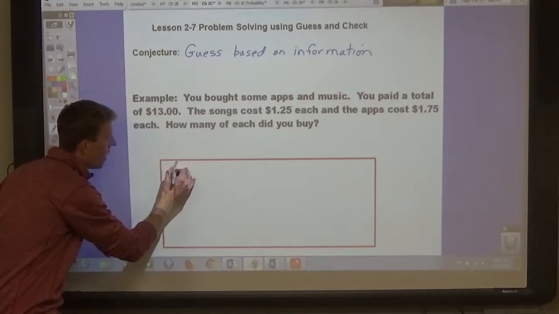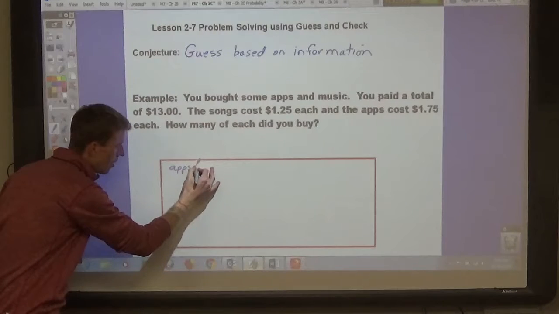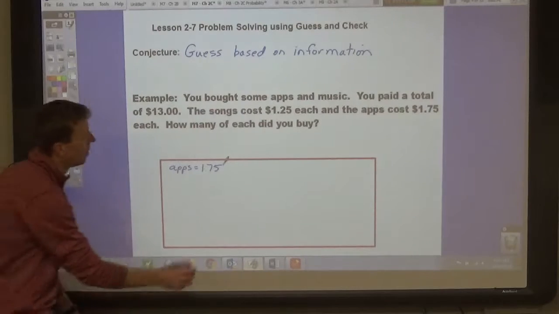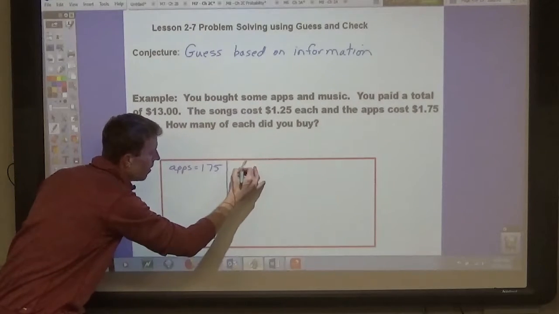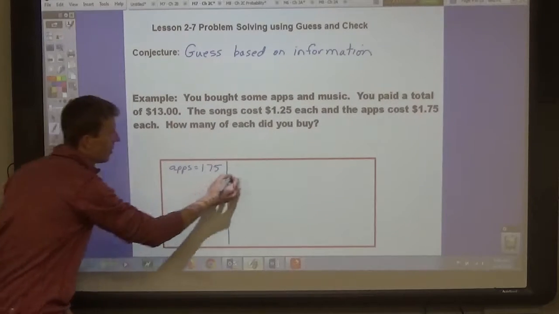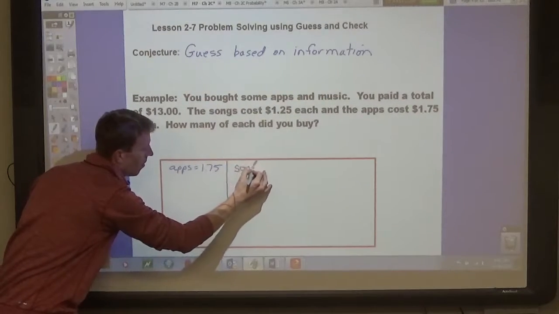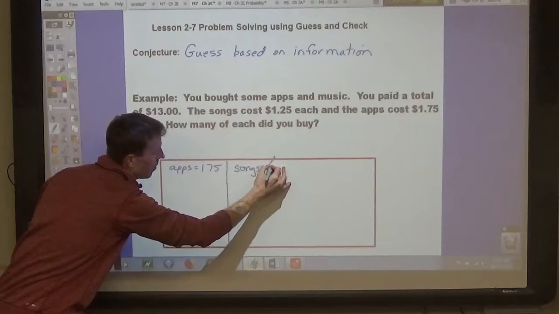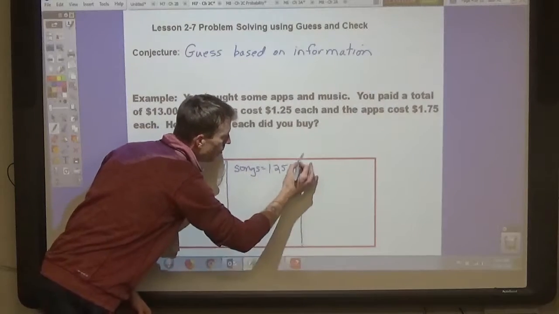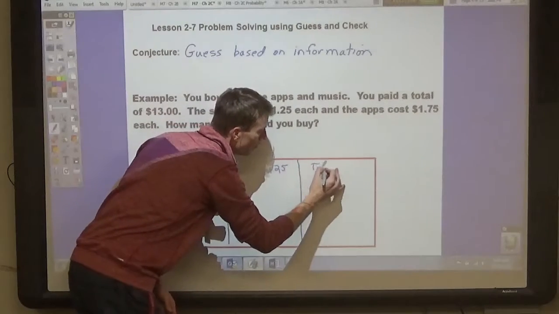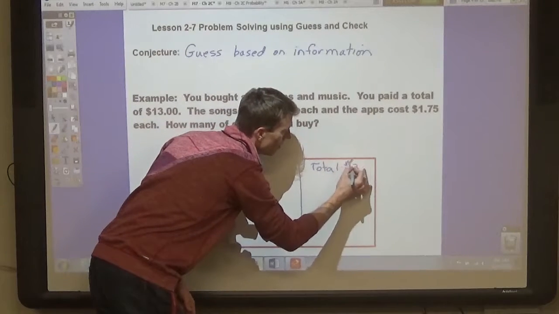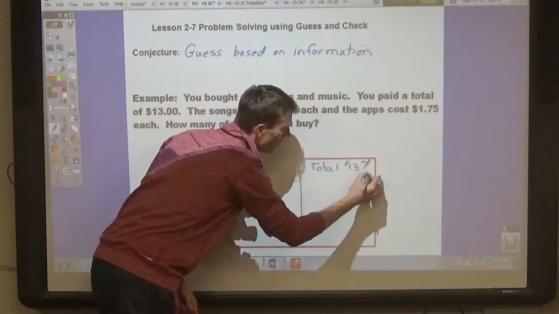So we know that apps cost $1.75, and music, or the songs, cost $1.25, and we know that we spent a total of $13.